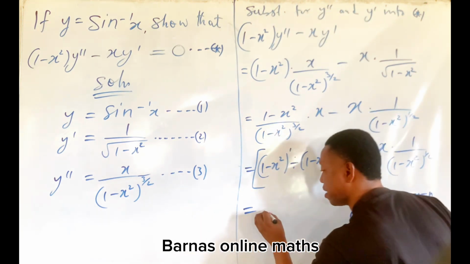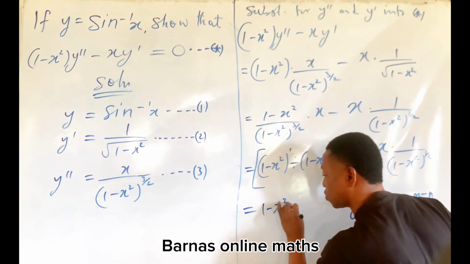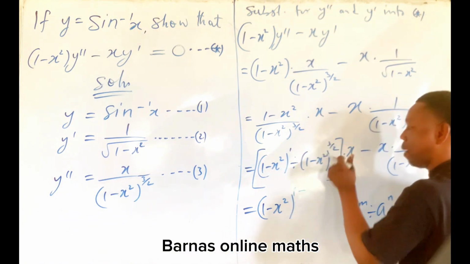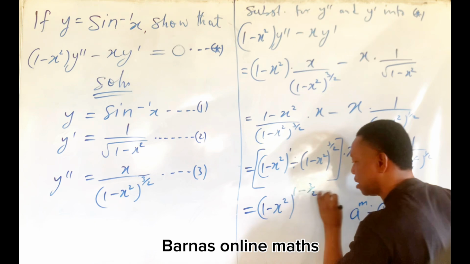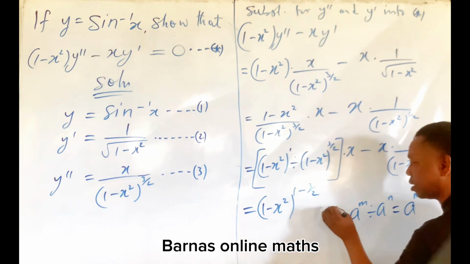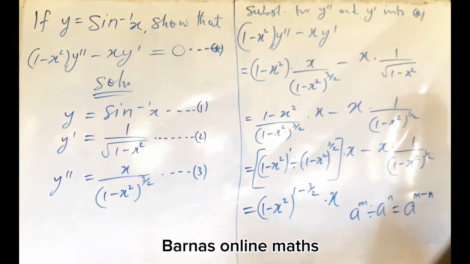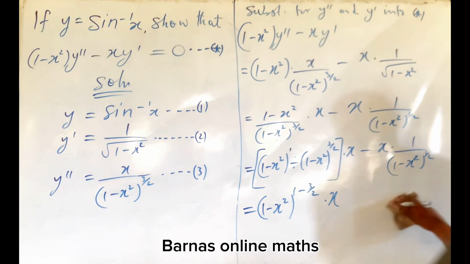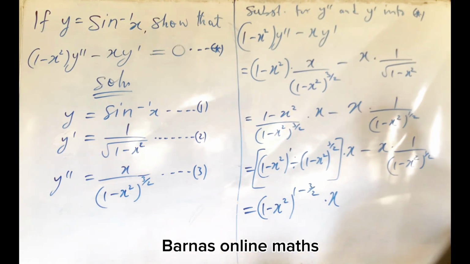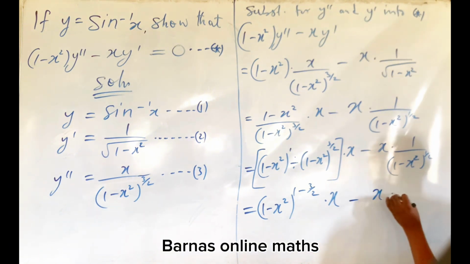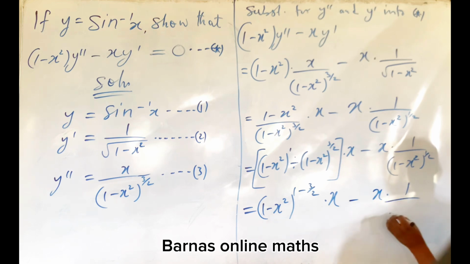So this is going to give us (1 minus x squared) to the power, what's the power here? 1 minus the power here, 3 over 2, times x, that's this particular x, then followed by minus, which is this, x times 1 all upon (1 minus x squared) all raised to power 1 over 2.